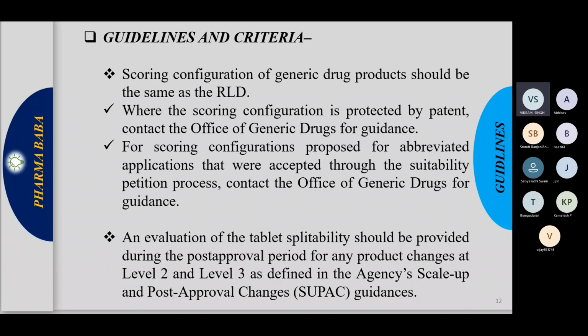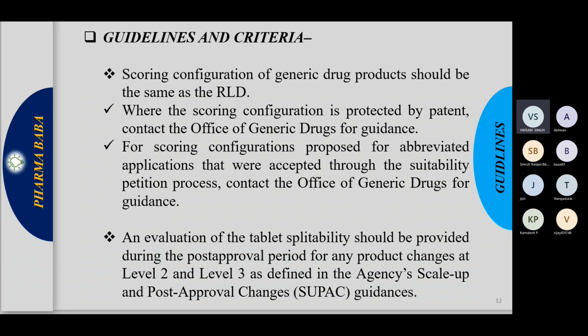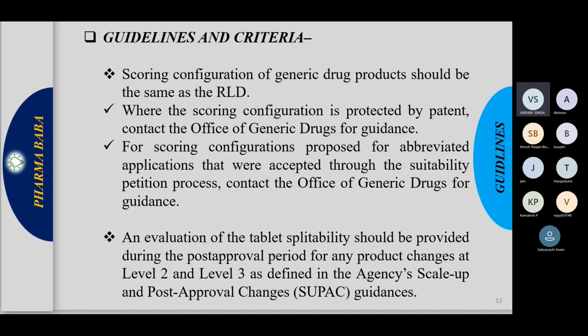If there are patent issues in that scoring part, then you can directly contact the OGD. They will propose the way out. But you should remember one point: if the RLD has scoring, whether it is patent protected or not, you must have scoring similar to the RLD. If there is any patent issue, you can communicate with the OGD, and they will provide the way forward.